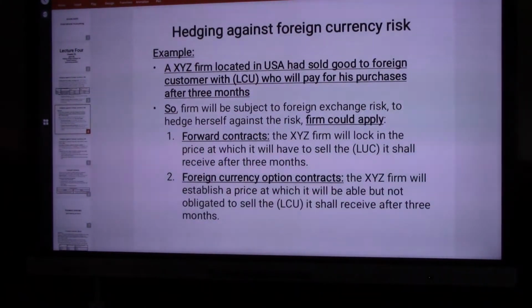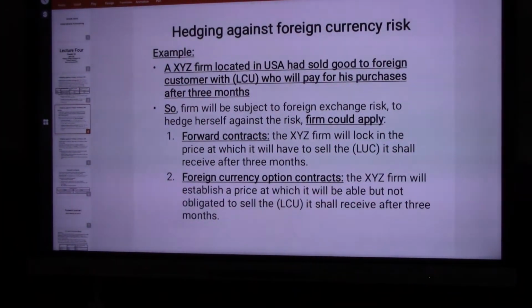So the firm could be subject to foreign exchange risk. And the receivables أو rate يزيد هيكون عندي account receivable gain or receivable could decrease and the firm will achieve foreign exchange loss for account receivable. If the firm decided to choose a forward contract, the firm will lock the price for which it has to sell the LCU to receive after 3 months.